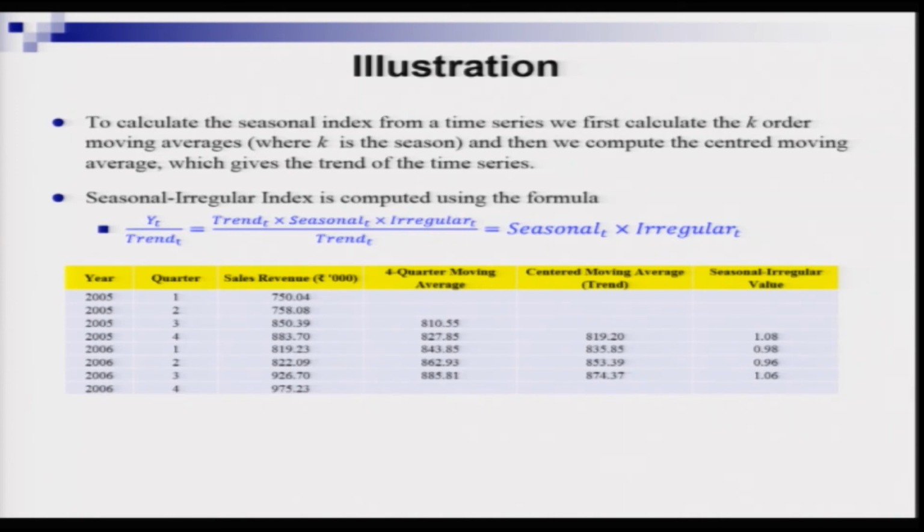You need to divide the actual time series value yt by the trend component, and there you see, if I assume that I am working with a multiplicative time series model, then trend will cancel out from the numerator and the denominator. So, then I will get this seasonal irregular index. Okay. So, basically this index is a ratio of the actual time series observation to the fitted value of the trend component, right. So, you get this seasonal irregular index in the last column.